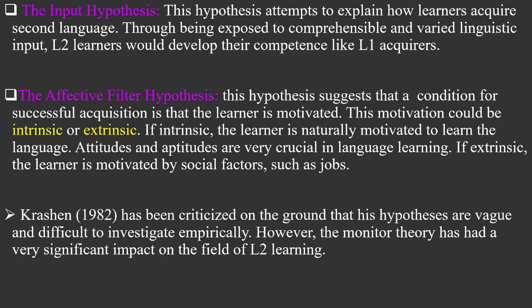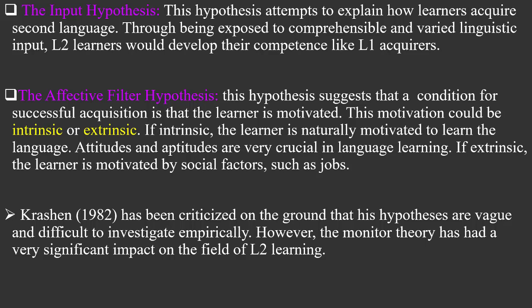The input hypothesis. This hypothesis attempts to explain how learners acquire a second language through being exposed to comprehensible and varied linguistic input. L2 learners will develop their competence like L1 acquirers.